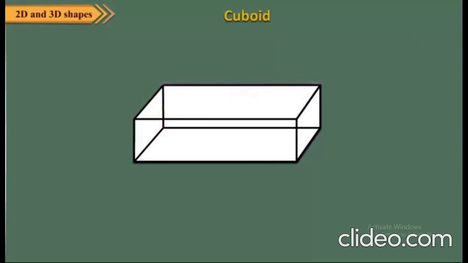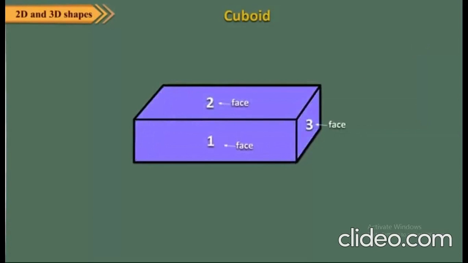Let us see. 1, 2, 3, 4, 5, 6, 7 and 8. 8 vertices are there. Faces are 1, 2, 3, 4, 5 and 6. There are 6 faces. In cuboid there are 6 faces, but from front side you can see only 3 faces because 3 faces are hidden.